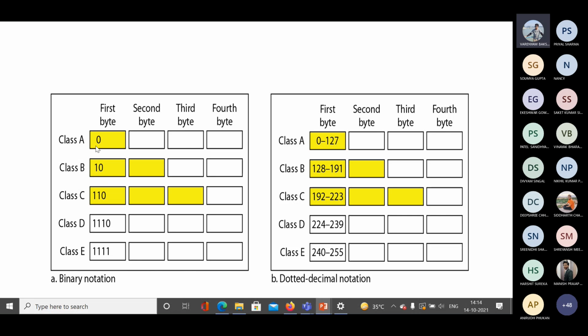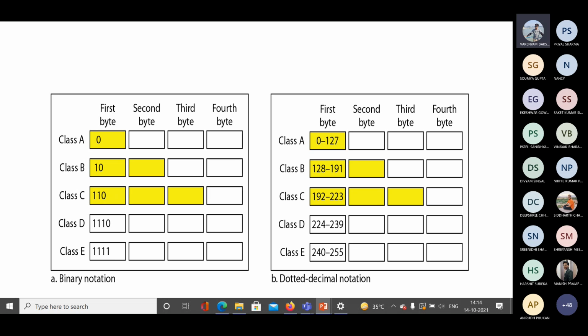If you consider these in binary format, if the first higher order bit is 0, that came under class A. Then class B, if the first two bits are 1 and 0. Class C, if the first three bits were 110. For class D, 1110, and for class E, all four ones. So this is how the classes were divided.